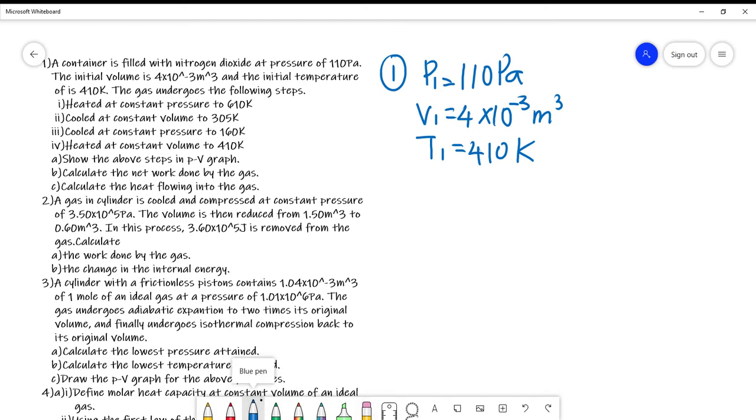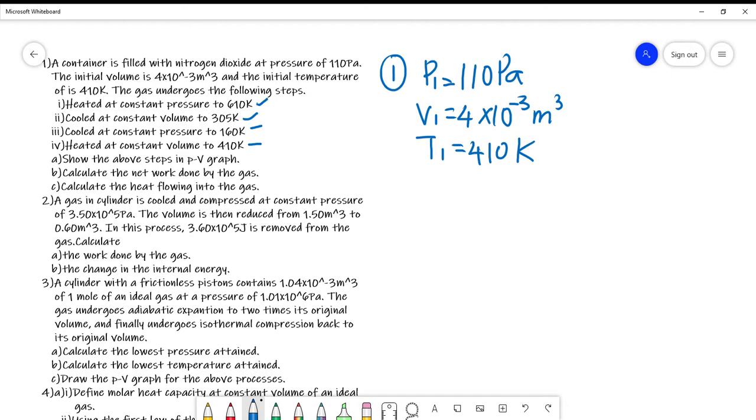So cooled at constant pressure to 160 K, and finally heated at constant volume to 410 K. From these 4 processes, I can see that the temperature keeps changing. It means that there is no isothermal process included.